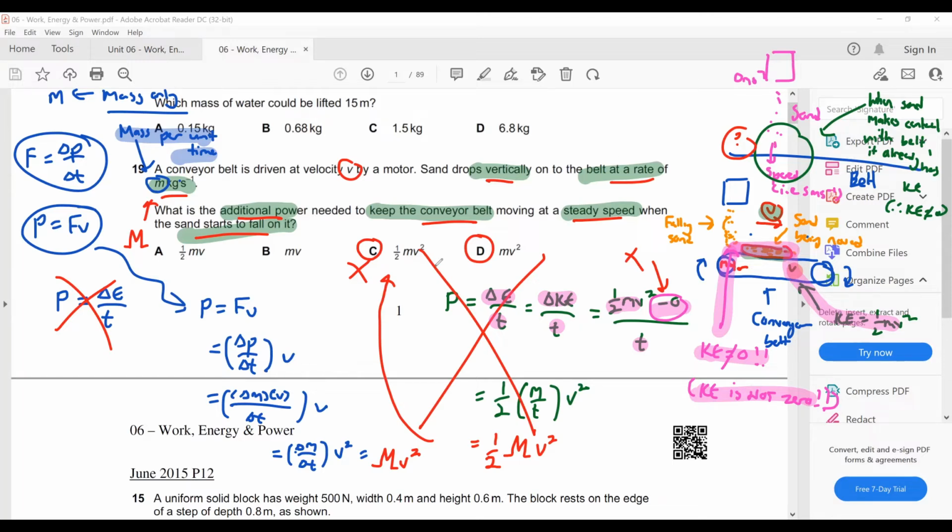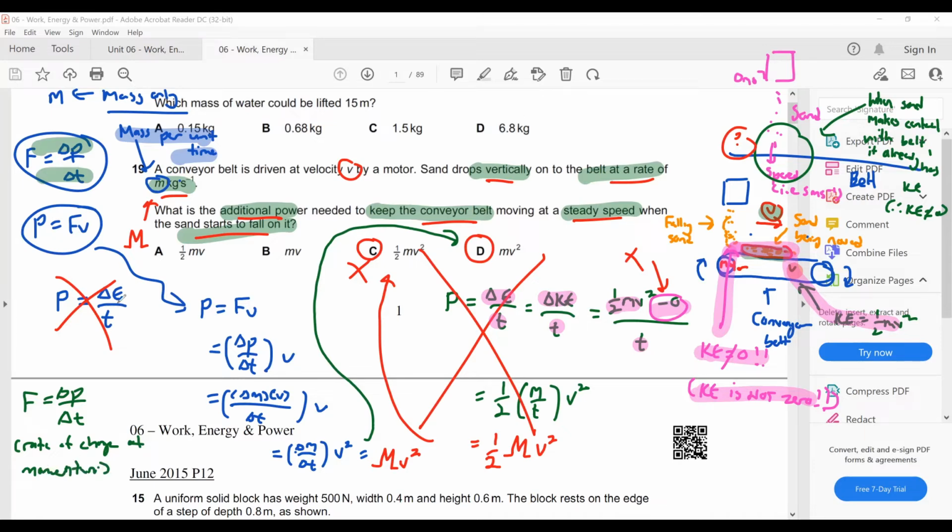Okay, let me go to this one. Okay, right. So this is actually the correct method. You see, it relates to what I talked to you about when I was describing force, right? Force is rate of change of momentum. Now, momentum changes when v changes or m changes, right?